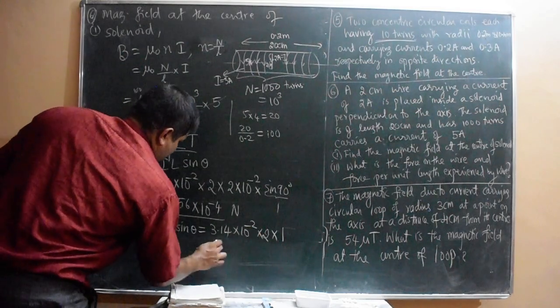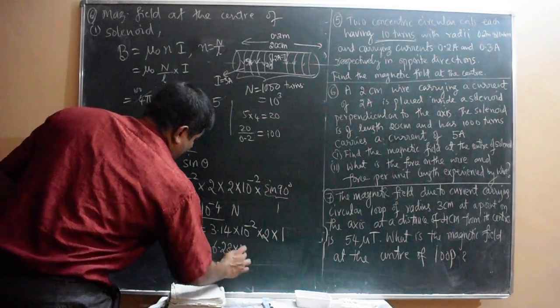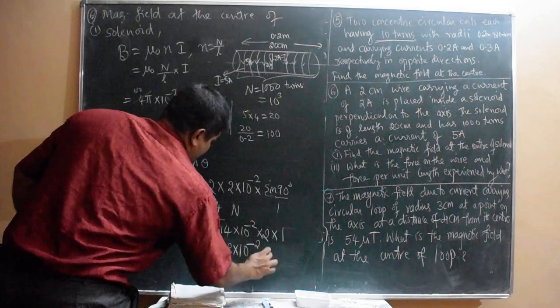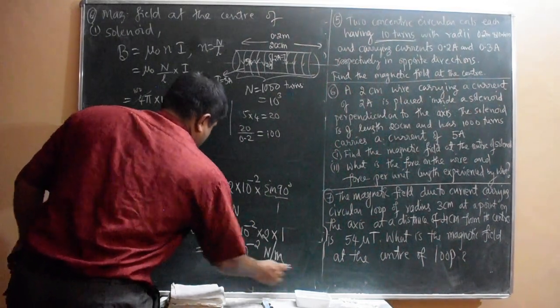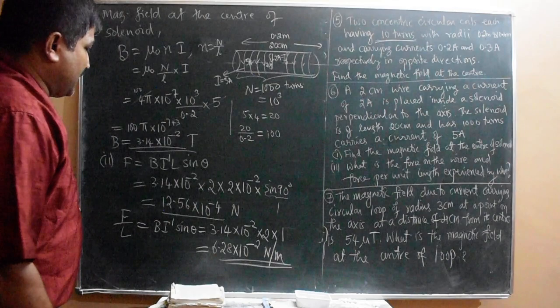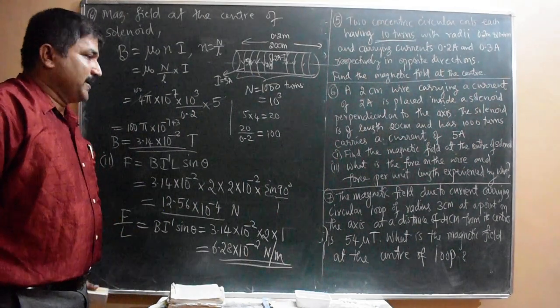So the answer, multiplying this, is 6.28 into 10 power minus 2 Newton per meter. So this is the force per unit length experienced by the wire.